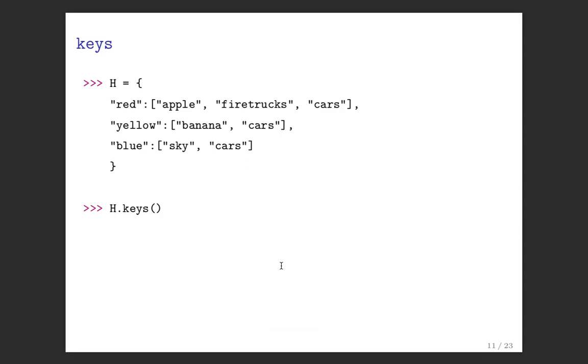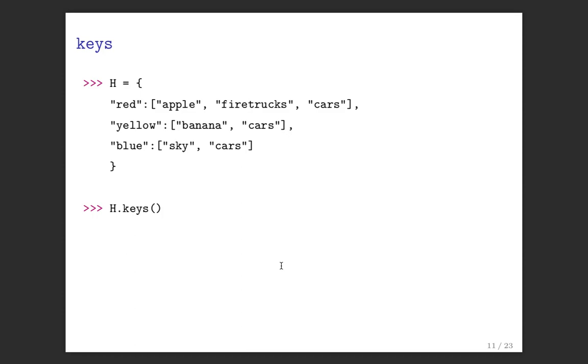There's another built-in called keys. So which ones are the keys here? The colors or the items? So that's the key value relationship. In that dictionary H, what are the keys?